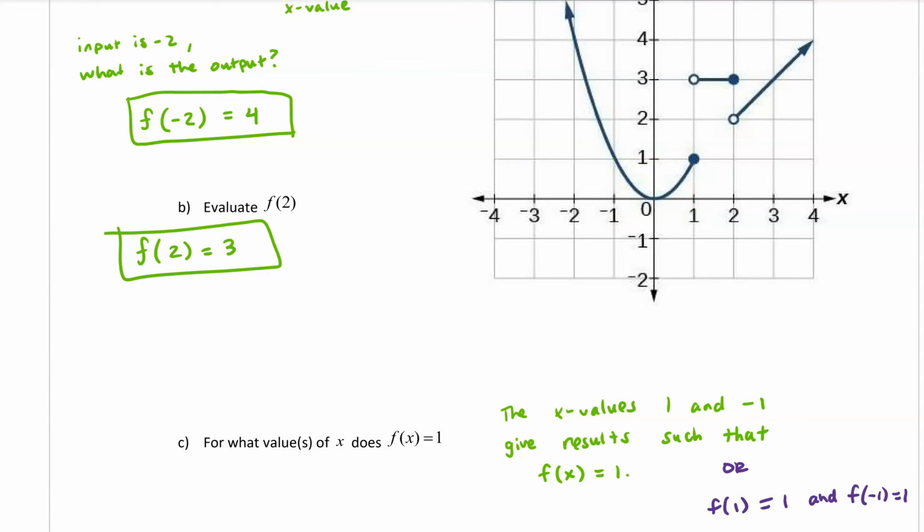Part D says, on what intervals is f of x increasing? Now, generally this is commonly intuitive for students, but some things that we should know is that just like when we're reading in English, when we're looking at a graph on the xy plane, we read from left to right.